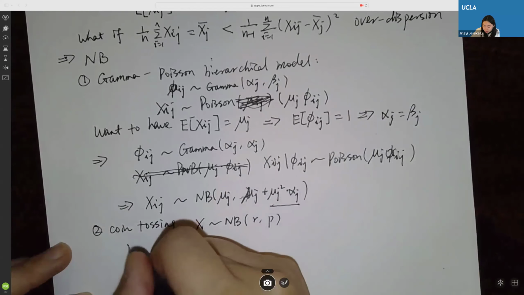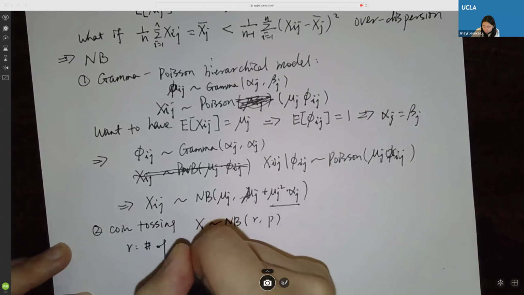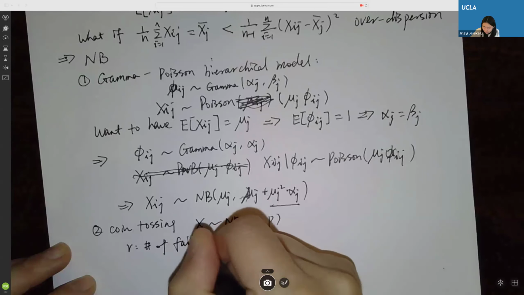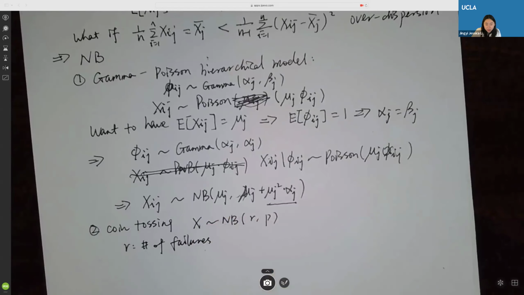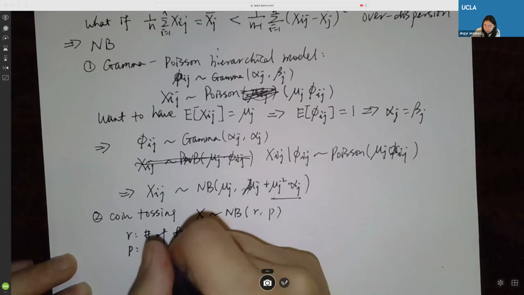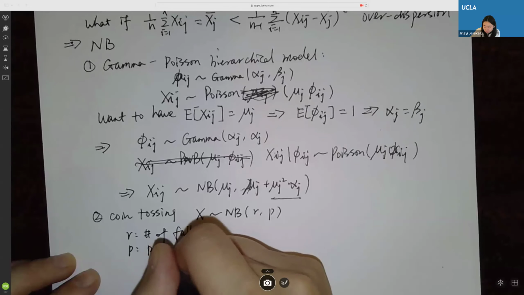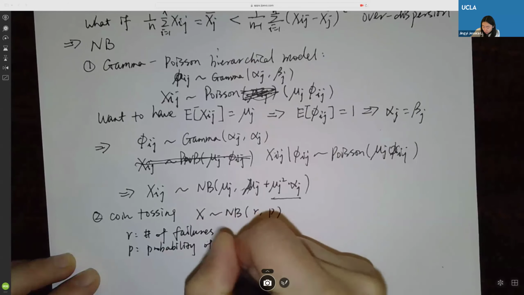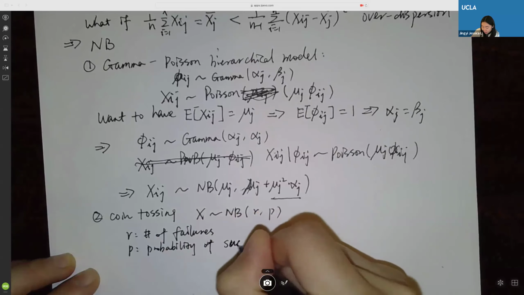Basically, R is the number of failures or number of tails in your coin tossing, and P is just like Bernoulli, the probability of success, the chance of getting one head.